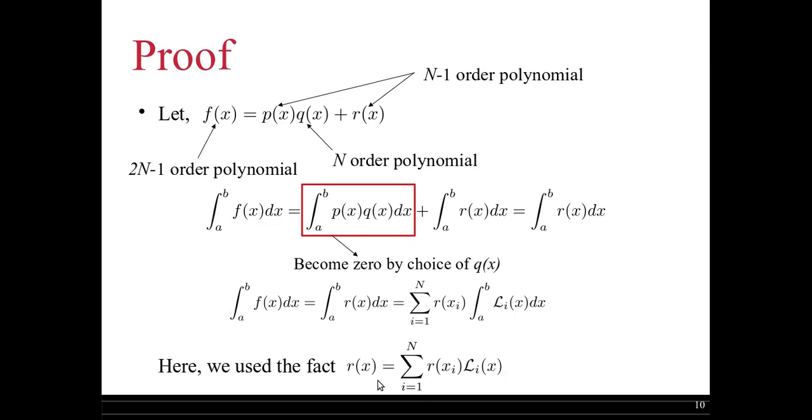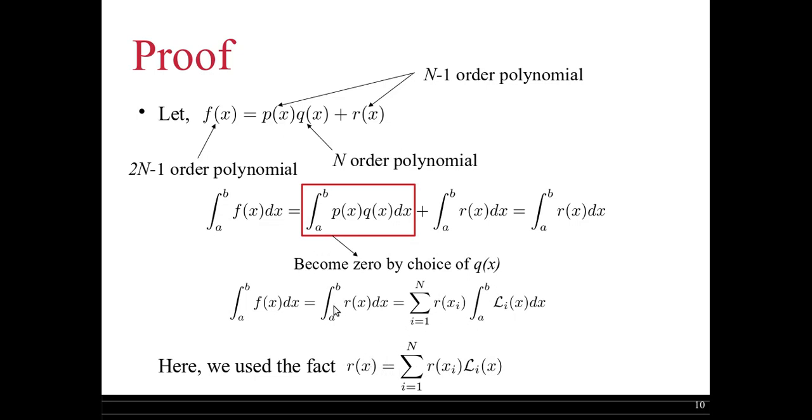So I can approximate this r(x) with the points r(x_i) and l_i(x). These are the Lagrange interpolating basis polynomials. This is an n-1 order polynomial, and you can see this is a constant. From this Lagrange interpolating basis, you can construct this r(x) function, and if r(x) is a polynomial of degree n-1, this n-point Lagrange interpolation is exact.